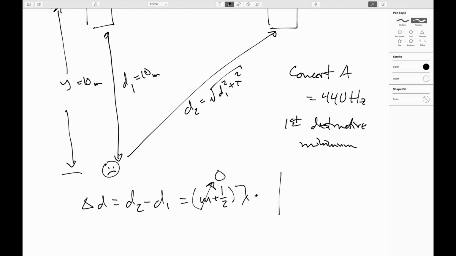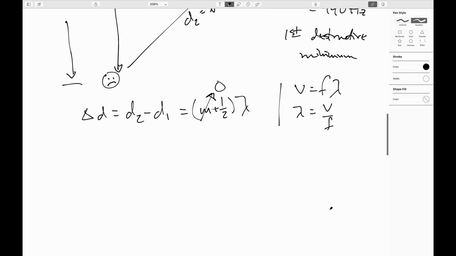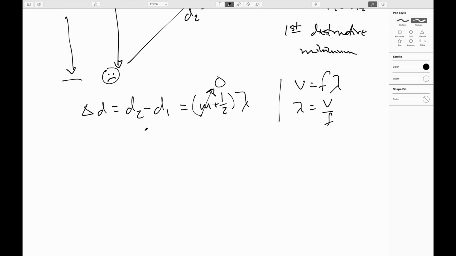Well, we don't know the wavelength, but we were given the frequency. V equals f lambda, so lambda equals v over f. And since they didn't tell us anything different, we'll assume that it's the speed of sound at STP, 343 meters per second.